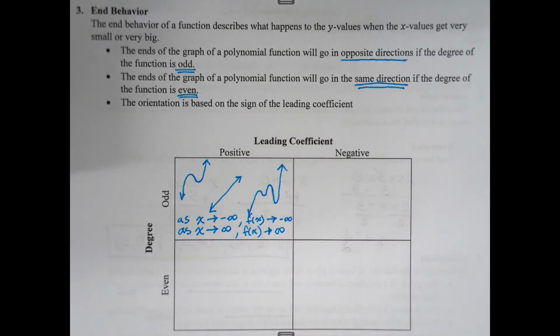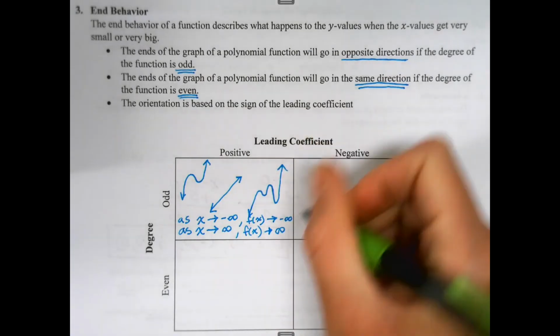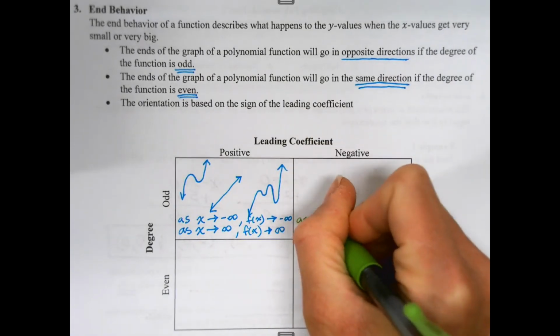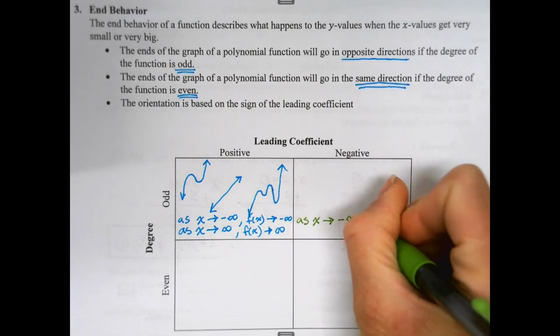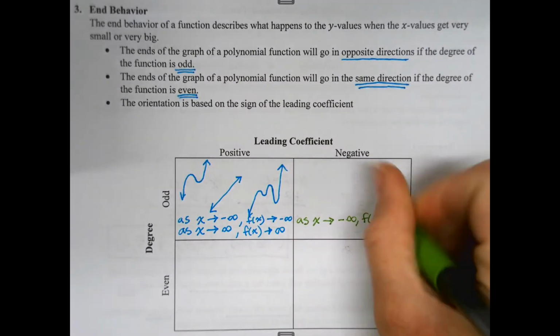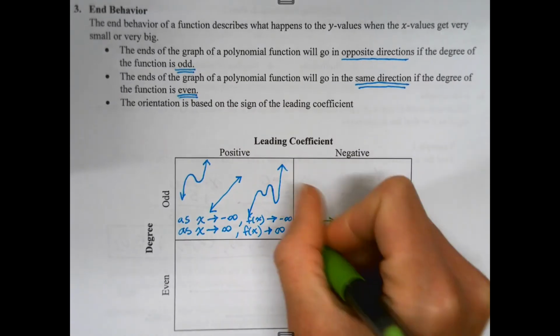If our leading coefficient is negative and our degree is odd, we will go in the opposite direction. It'll reflect. So as x goes to negative infinity, instead of our f of x values going to negative infinity, it'll now go to positive infinity.